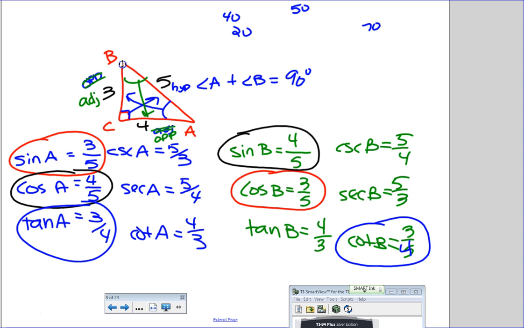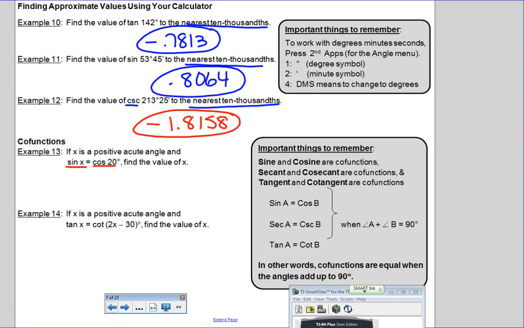All right, and I could keep on going through that. But if you notice, sine and cosine have a co-word in front. Tangent and cotangent have a co-word in front. And secant and cosecant have a co-word in front. Those are called cofunctions. And again, you have sine and you have cosine. You have secant, you have cosecant, and you have tangent, and you have cotangent. So I call these the co-buddies.